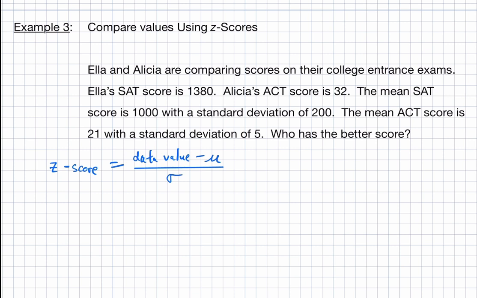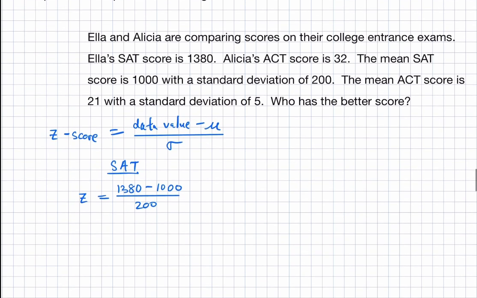So in calculating the z-score for the SAT, our z is going to equal, when we talk about the data value, we're going to look at Ella's SAT score, so it's 1380, minus the average of 1,000 divided by the standard deviation of 200.